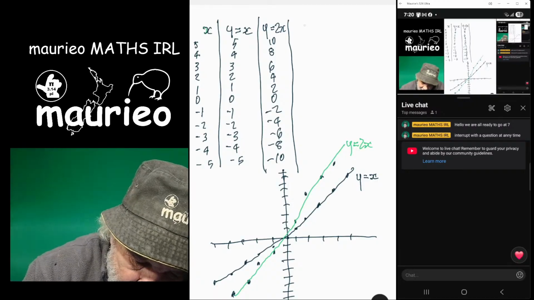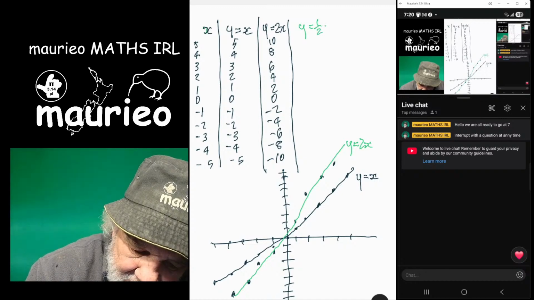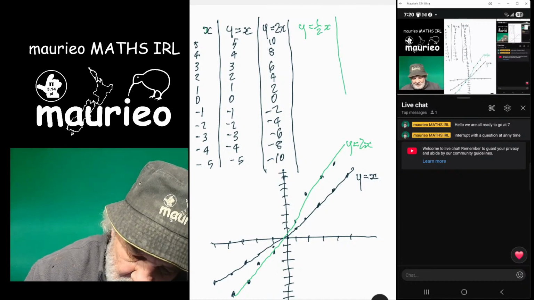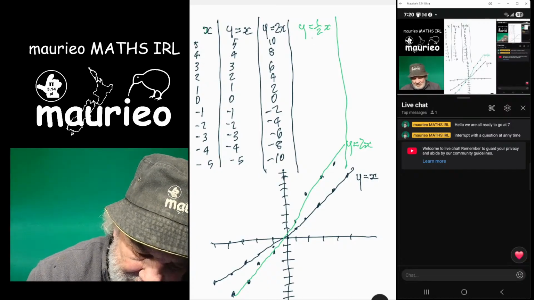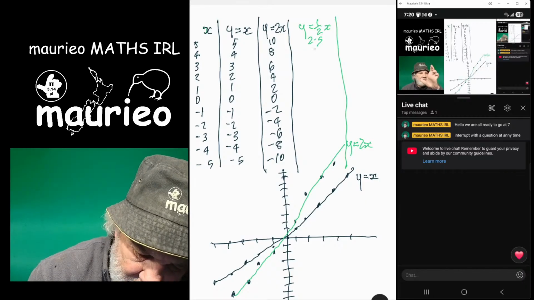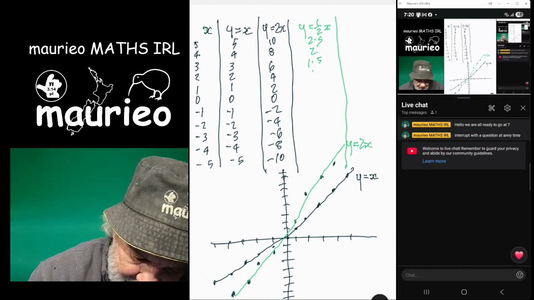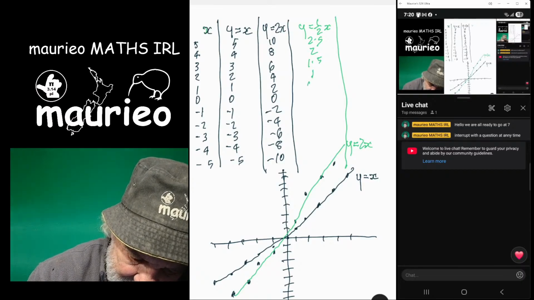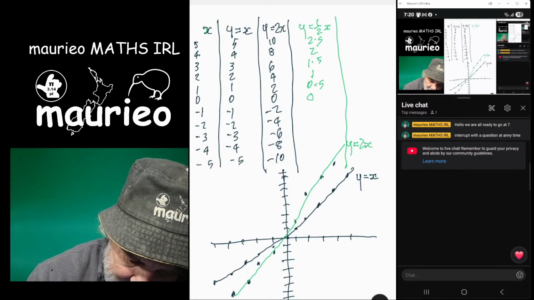So what about y equals half x? Okay, so that's 5 is going to be 2.5, 4 is going to be 2, 3 is going to be 1.5, 2 is going to be 1, 1 is going to be 0.5, and 0 is going to be there.